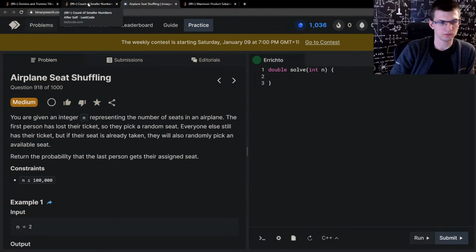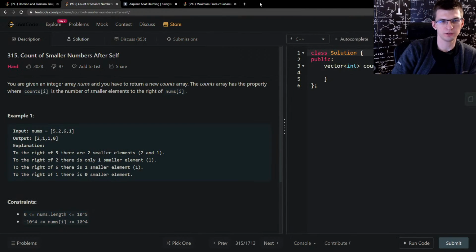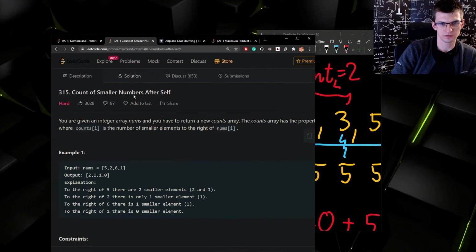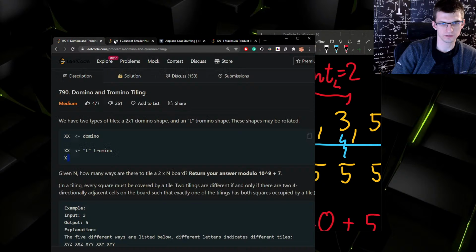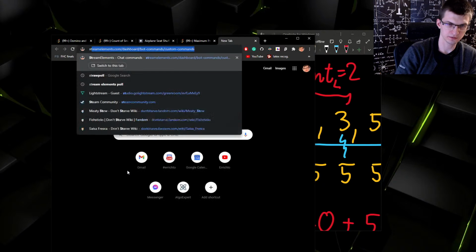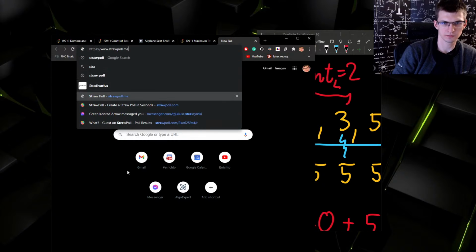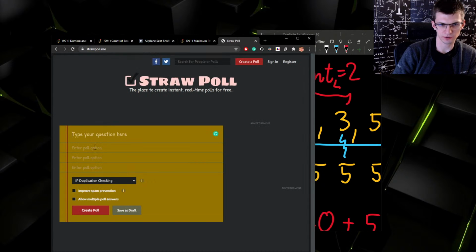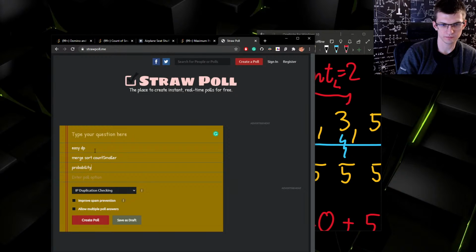We'll do a poll between merge sort thing, DP, and probability. Maybe stropple.me started working. Yep, it did. Easy DP, merge sort, count smaller, or probability.